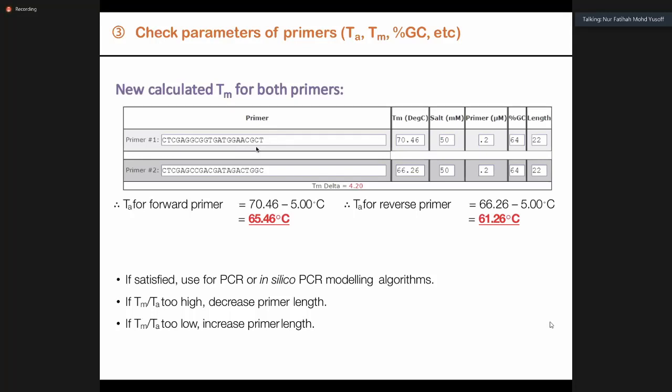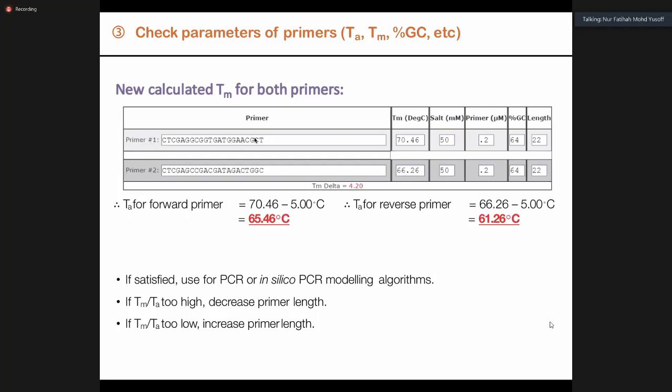If you cut from here until here, the melting temperature will be lower, but your GC content will be lower as well. So if the percentage of GC content is too low, can you move to another position at this end?